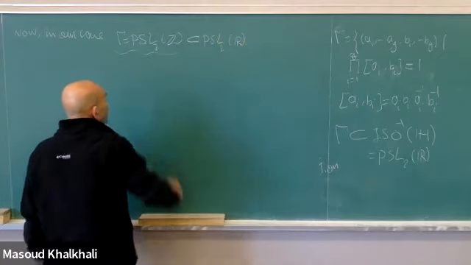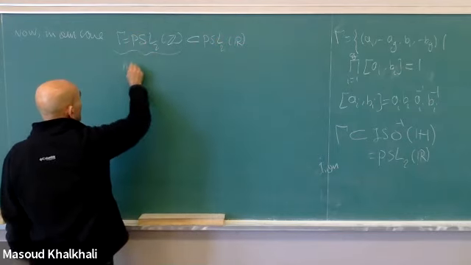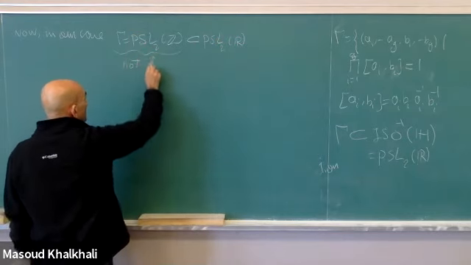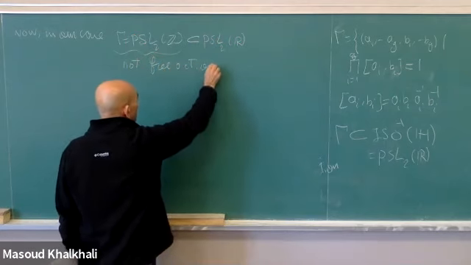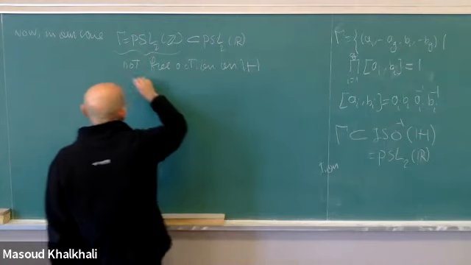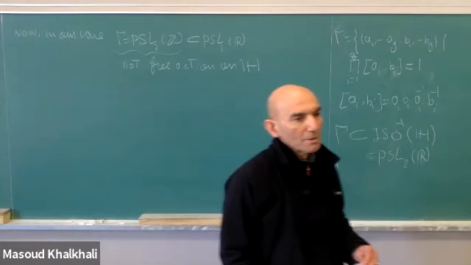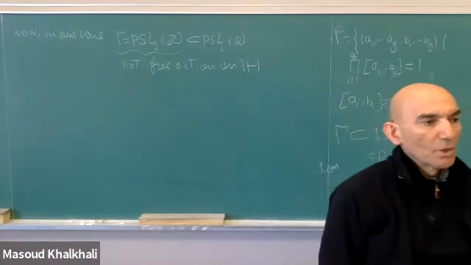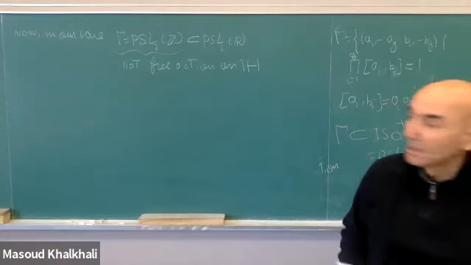So this action is not free. It does not act freely on H. So it means that the quotient was not smooth, right?